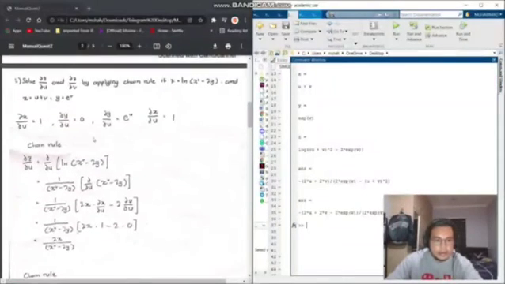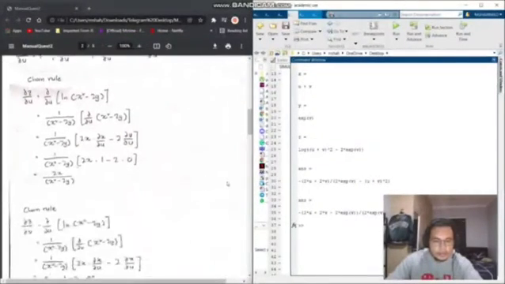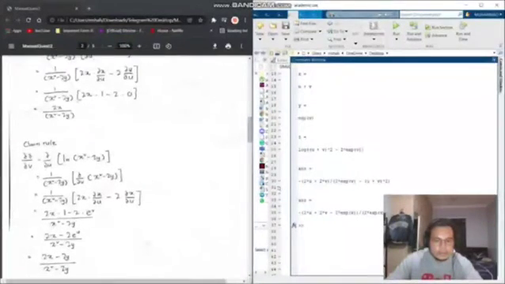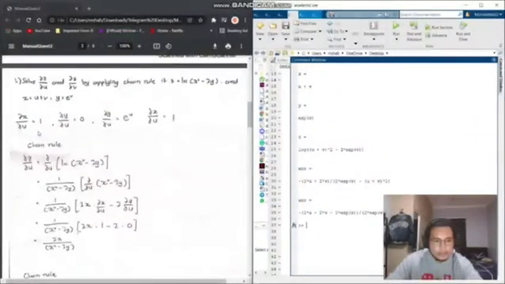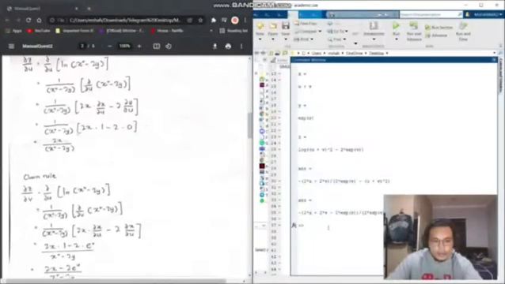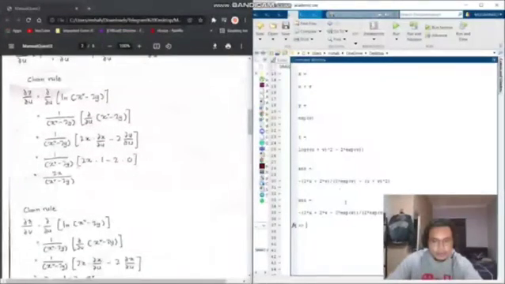Then here in MATLAB we had mentioned that x is equal to u plus v and then y equal to exponent v. So when we compare, it's the same. x equal to u plus v, so it's the same. 2u plus 2v over 2, and y here is exponent v, so here is 2 exponent v minus 2y is 2u plus v, so it's the same.